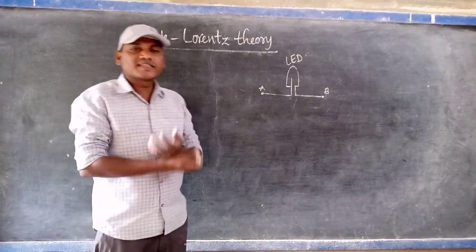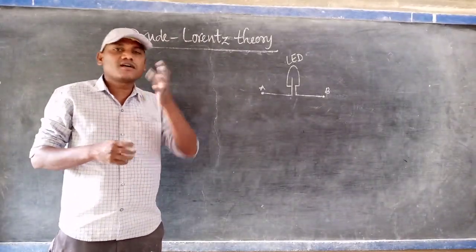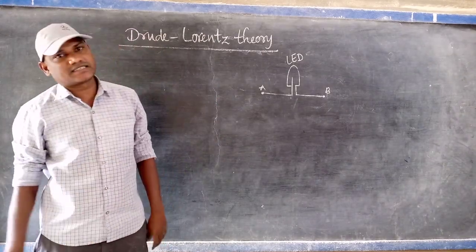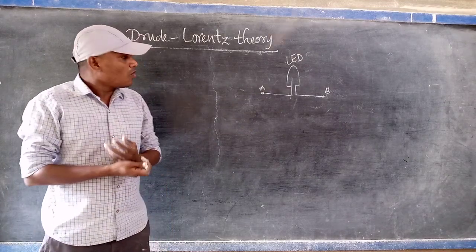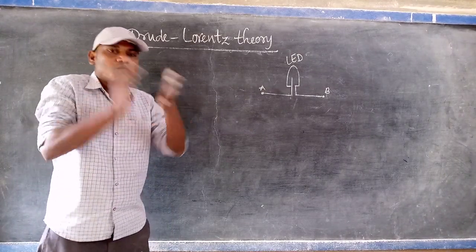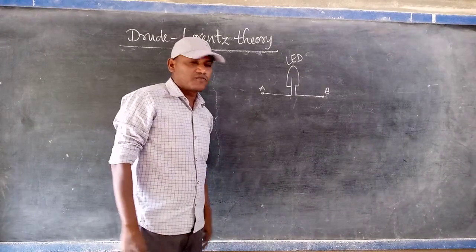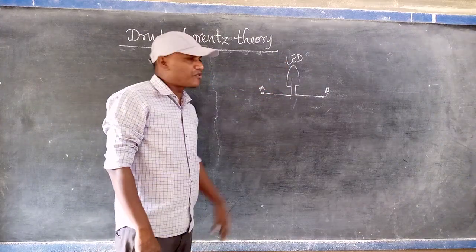Initially, I said that in every atom of the element, free electrons are there. These free electrons are moving in their lattices. We know that if the electrons move from one place to another, then current will flow. Now an LED is connected to the conducting wire.